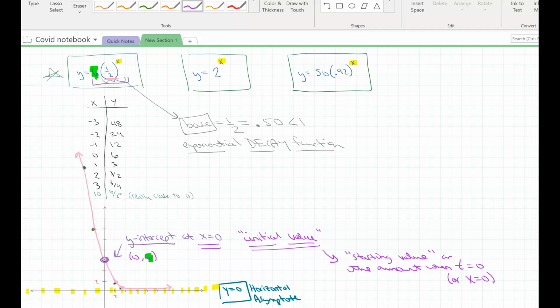In fact, if I made this t here, and asked you to think about a real life situation for this model, maybe this is the number of warts on your foot, where t is in months since quarantine.